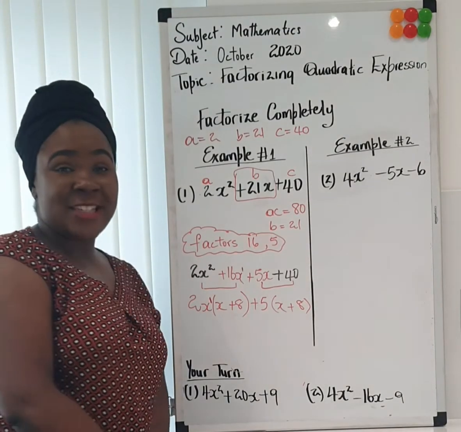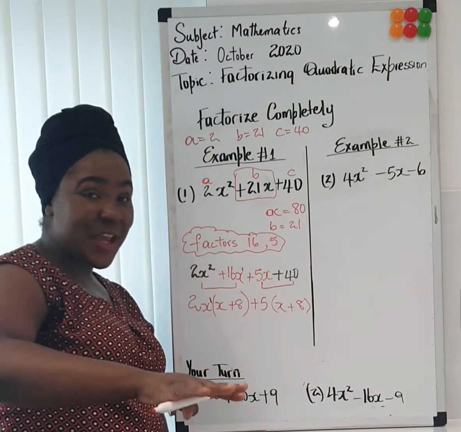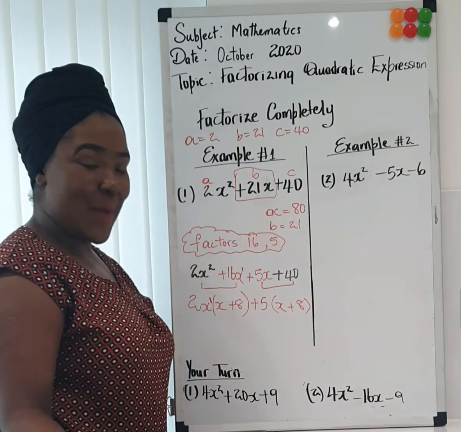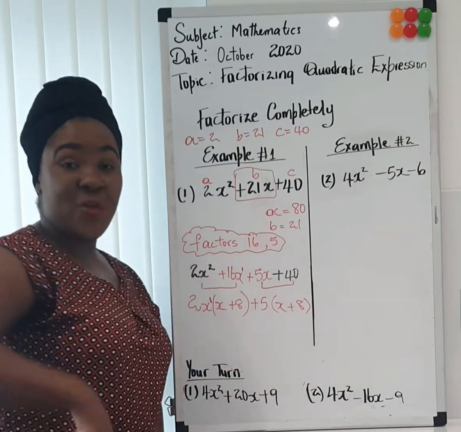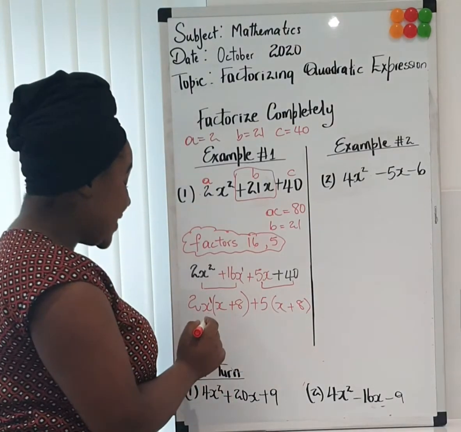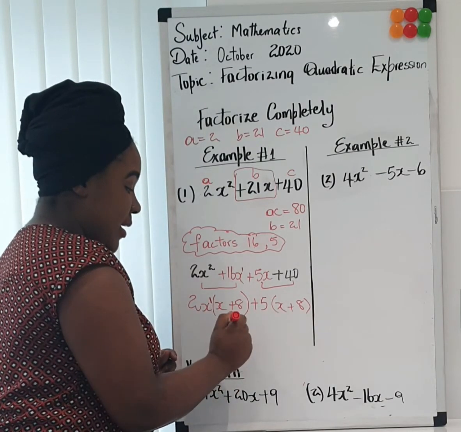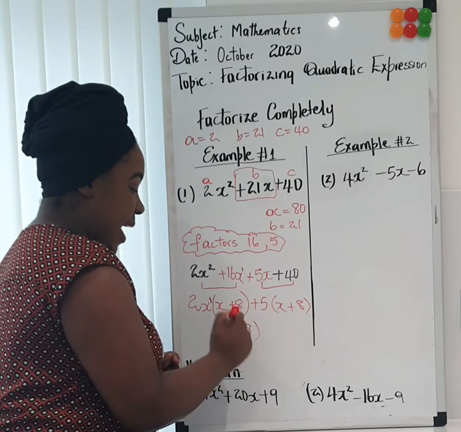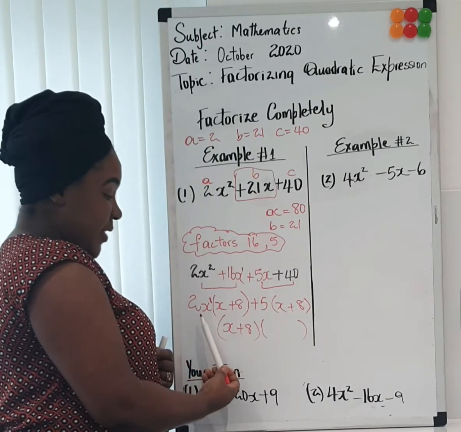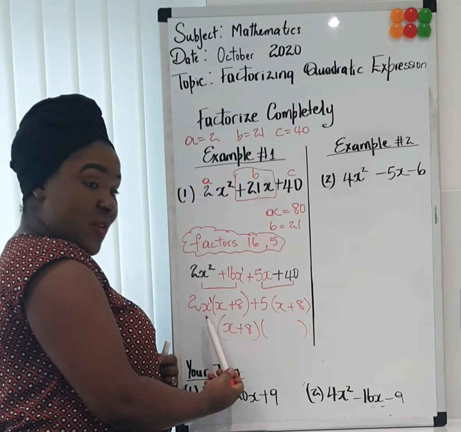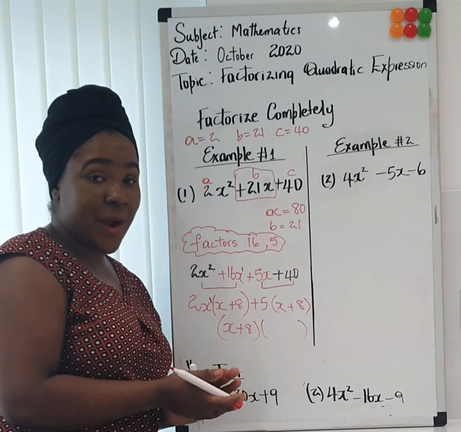This is like a challenge wherein you must make sure that you have completed one step successfully before moving on to the next step. So now that we have completed this step successfully, let's move on. At the next step, what we're going to do is write down one of the brackets that is common. And then in another bracket, we take the HCF terms that we have written down in front of the first bracket and in front of the second bracket, and that's going to fall into a bracket by themselves.